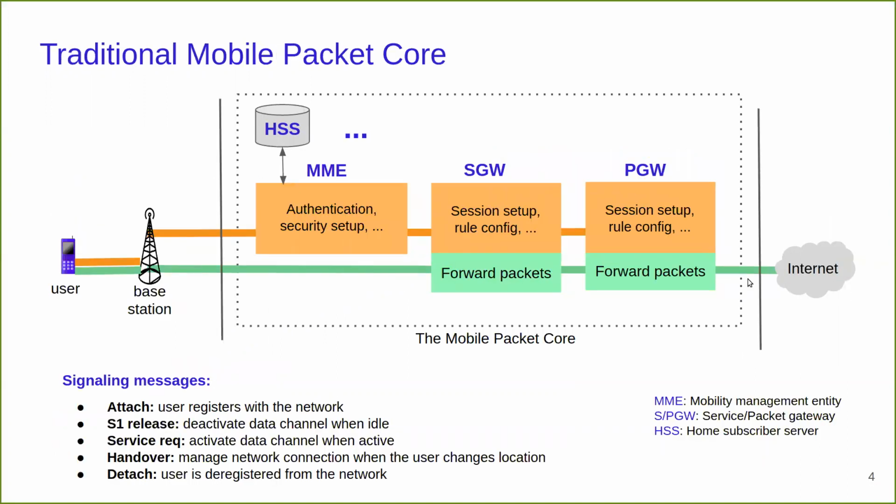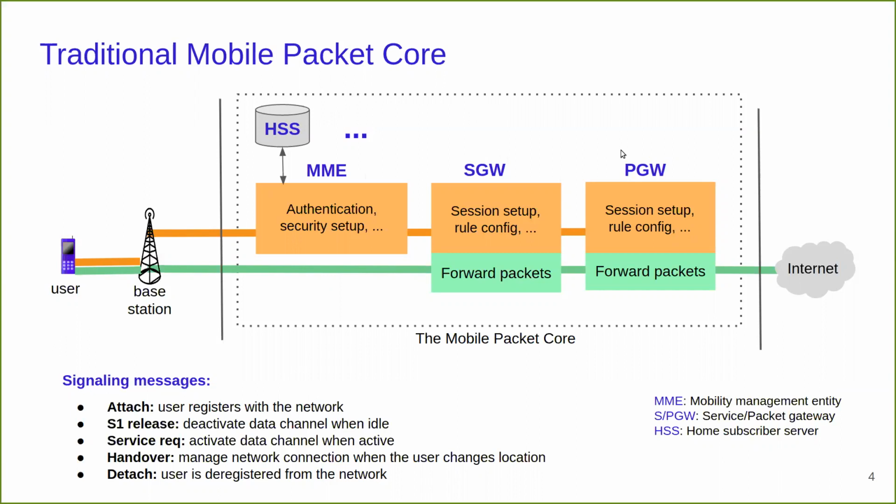Traditionally, the mobile packet core was built as custom hardware appliances that perform specific functions. This figure shows the basic components: the mobility management entity MME, the home subscriber server HSS, and the service and packet gateways SGW and PGW.